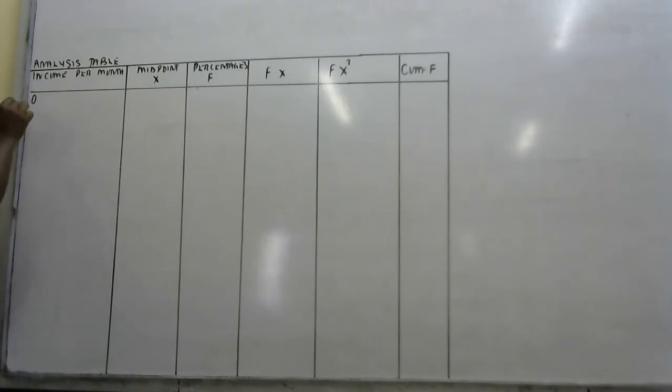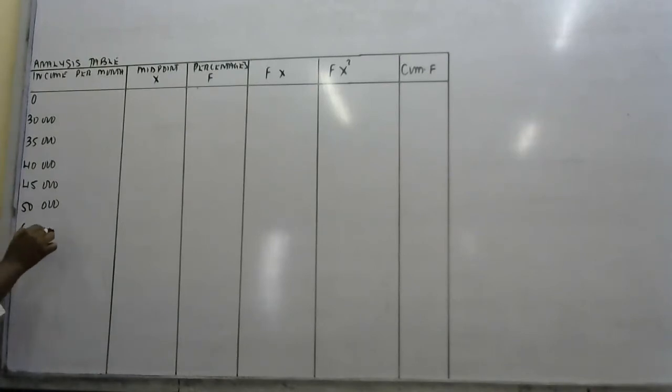So we have 0, 30,000, 35,000, 40,000, 45,000, 50,000, 60,000, 70,000, 100,000, 150,000.